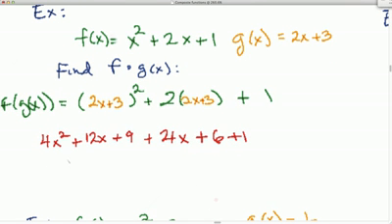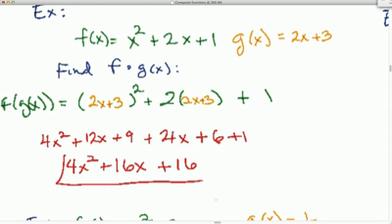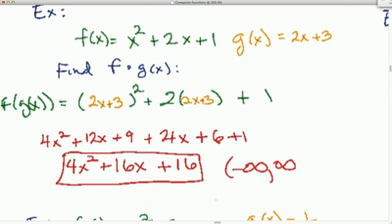And then at that point, combine your like terms and you're done. And the domain of this answer is a polynomial, so it's all real numbers, and the g of x we plugged in was another polynomial, so it's all real numbers as well, so this would be the domain here.